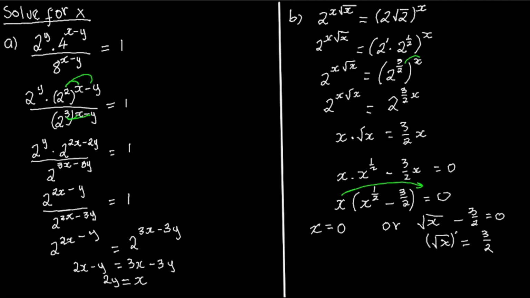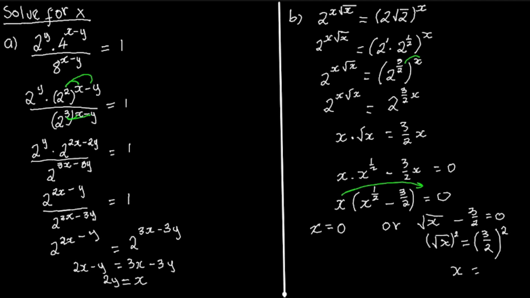So what we can do is square both sides. You know that when you square, what you do on the left hand side, you are going to do on your right hand side. So in this case, when we square the exponent, that means it's going to be 1 over 2 multiplied by 2, which is going to be 1. So we are simply going to be left with x.